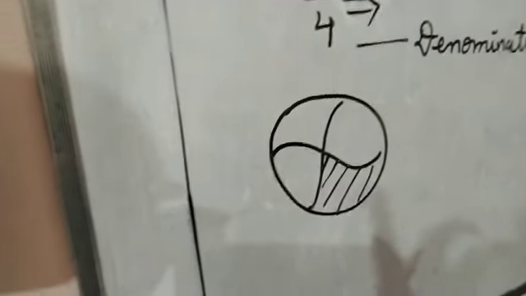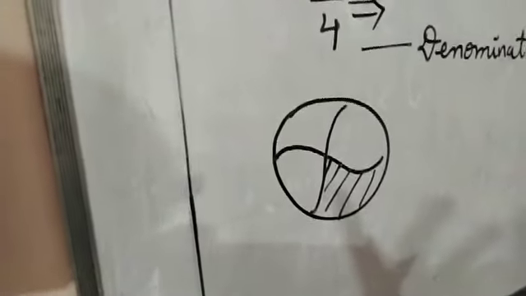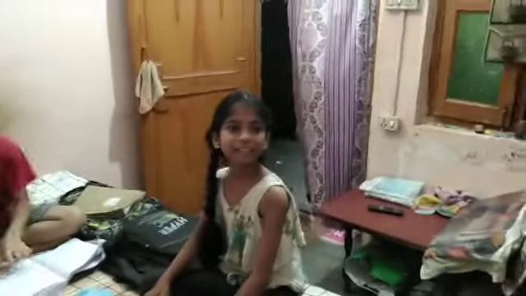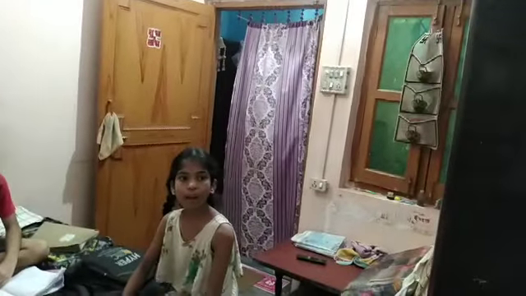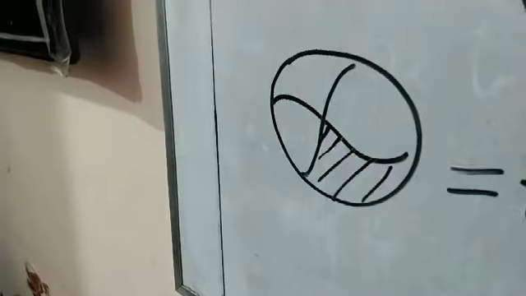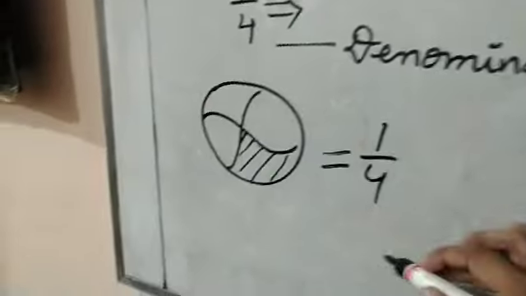So Purvi will tell what fraction it will be. Yes Purvi, what is the fraction of this shape? 1/4. Right answer. There were 4 parts of this shape and only one part was shaded, so the fraction will become 1/4.